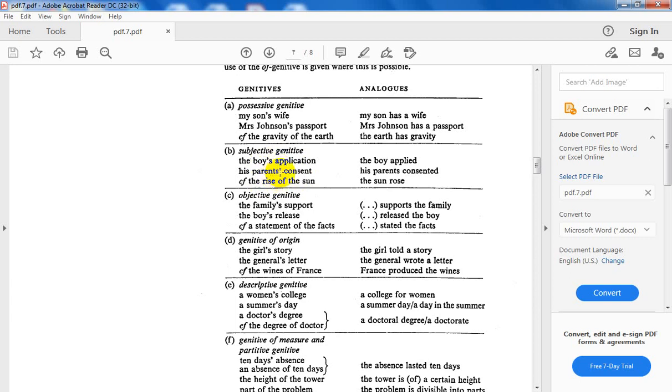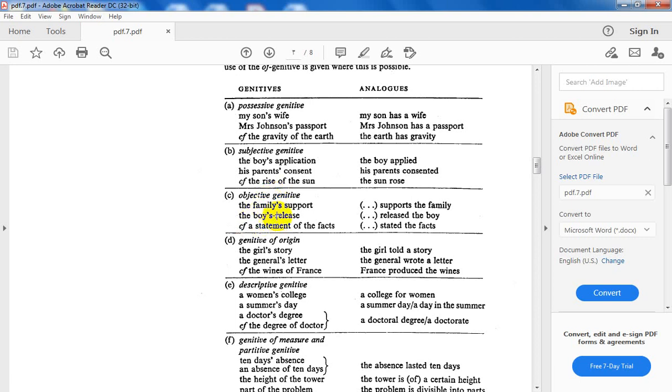You see, we put only the apostrophe after the plural S. Again, there is no need to add another S, just the apostrophe. But when I say the rise of the sun, I use of. I cannot say the sun's rise. Why? Because sun and rise, both of them are non-personal, non-human.